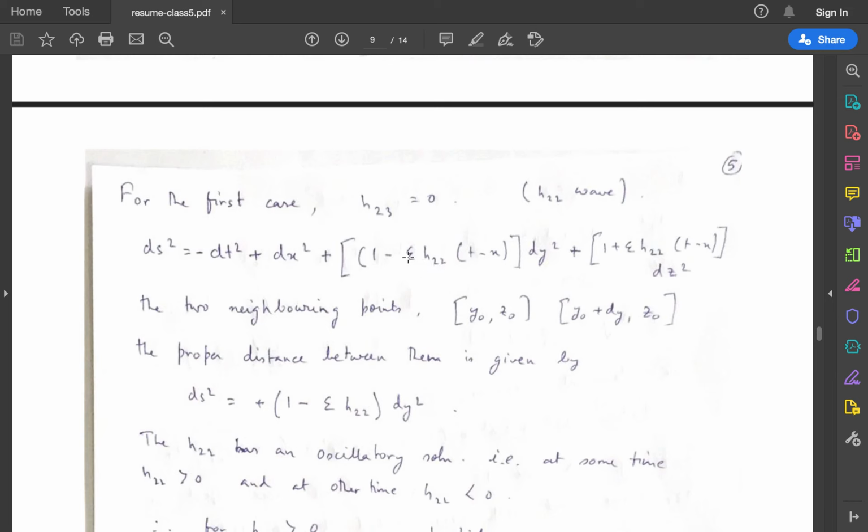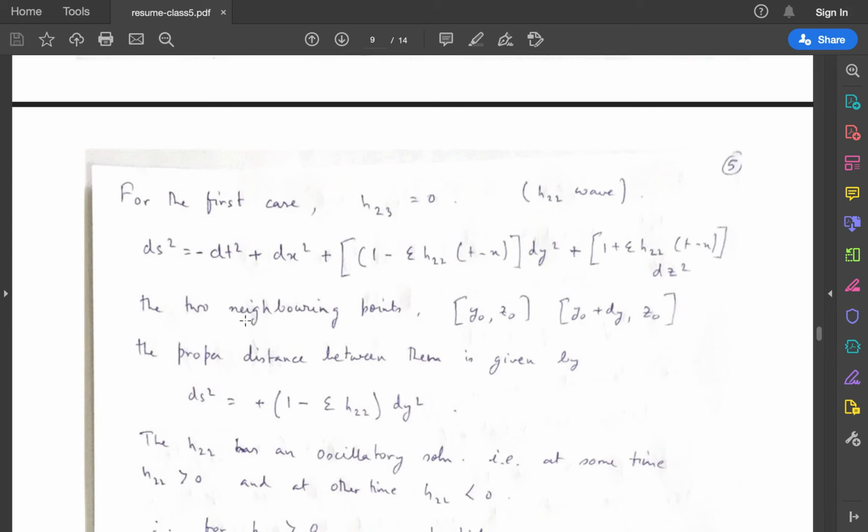You can have epsilon, or if you don't want that you can also put this equal to 1. So we will have 1 minus h22(t minus x) and 1 plus h33(t minus x), as these are the only two non-zero components, and the line element will look like this.